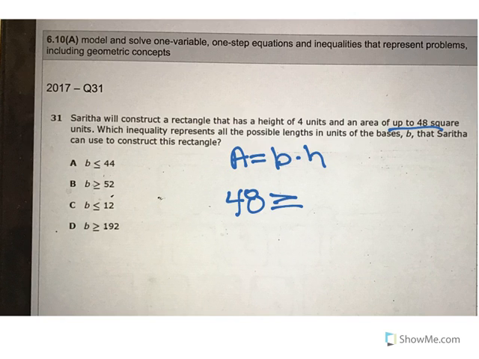So I know my height is 4, but I don't know my base. Again, the inequality is going to face this way. Why? Because when I multiply 4 times something, it can go up to 48, but this number has to be less than whatever I solve for, because it can't be greater than 48. I could also write it this way, 4b and 48.